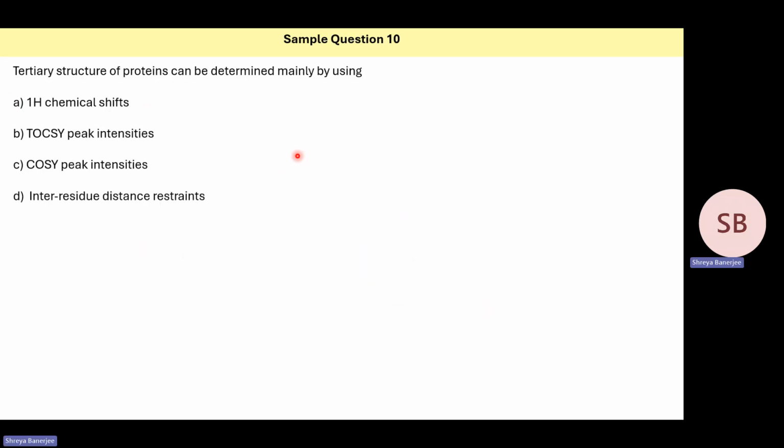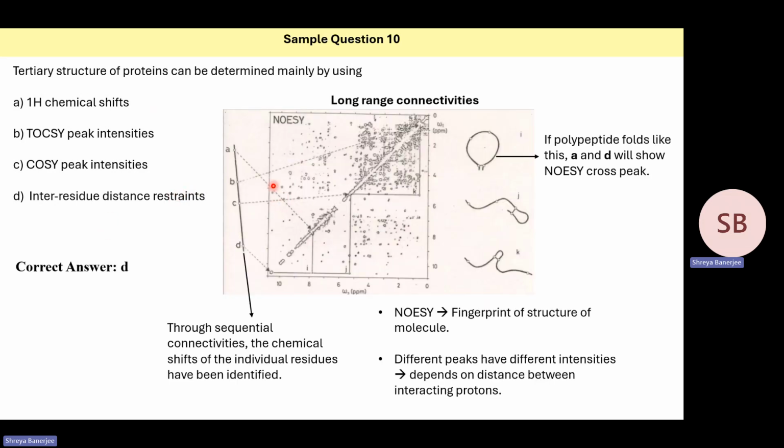Finally, you have one question that is saying, tertiary structure of proteins can be determined mainly by using what? If you remember the previous class, tertiary structure is about how the protein is folding as a whole, the global folding of the protein.